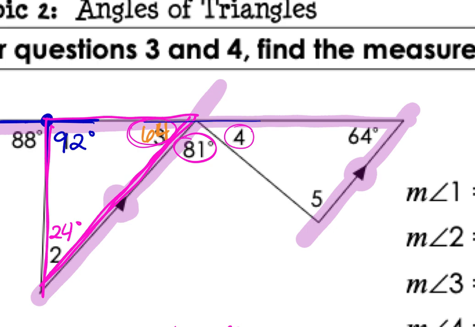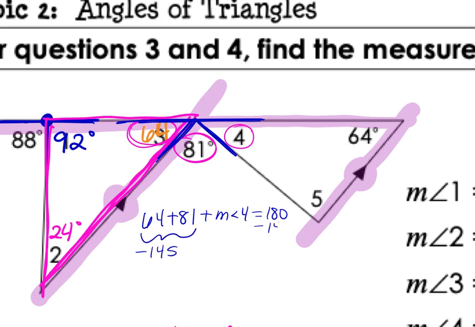They're not technically a linear pair because there's 3 of them, but there are 3 angles there that form a straight line. Anything that forms a straight line adds up to 180. So 64 plus 81 plus the measure of angle 4 should be 180. So you're going to subtract, what is that, 145? So if you take 145 away, then the measure of angle 4 would be 35.